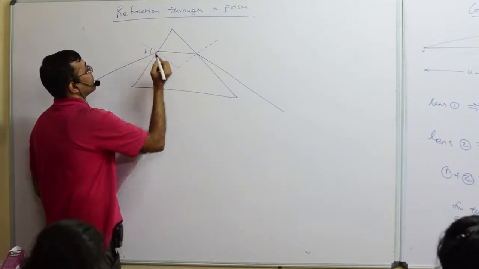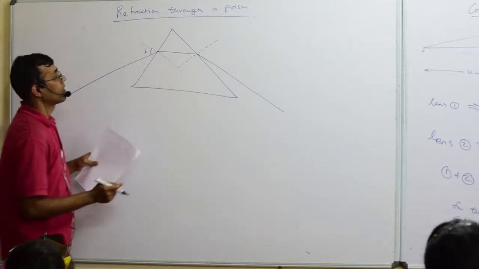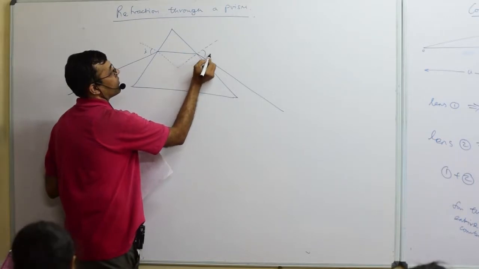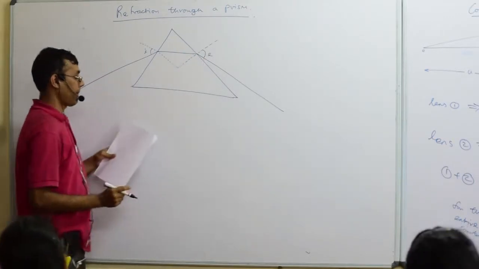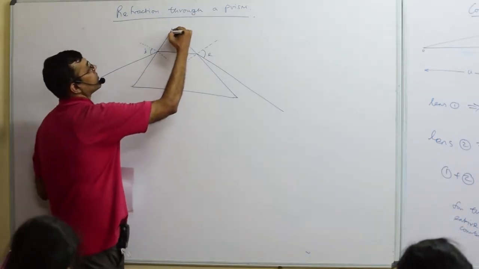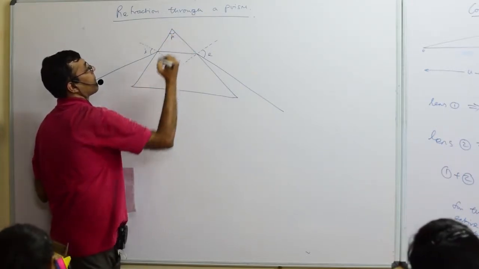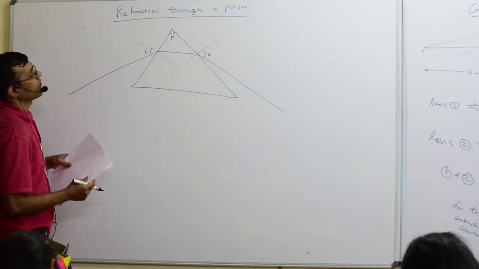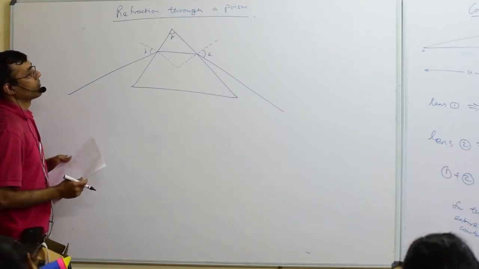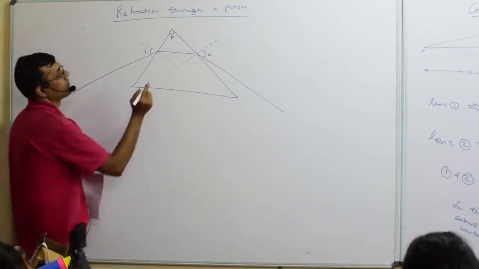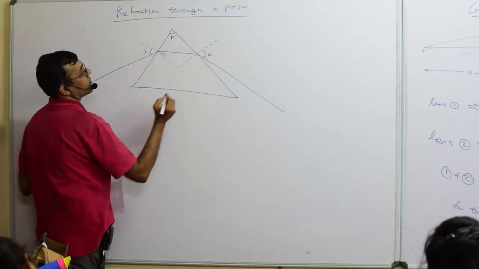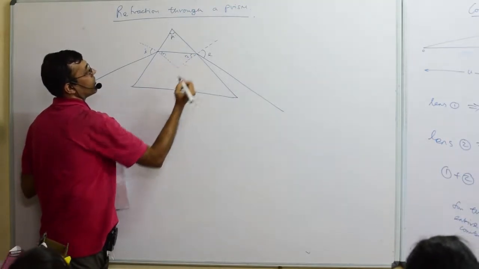So this is angle of incidence I. This we call angle of emergence E. This is angle of the prism A. This is refraction R1. This we are going to call R2.